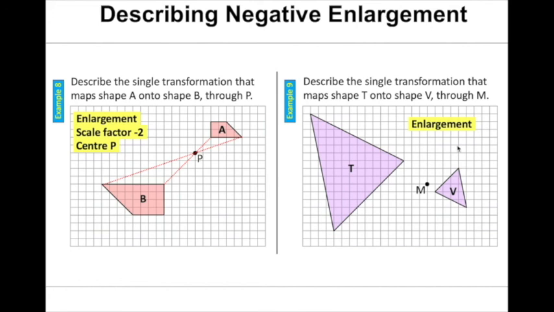So the scale factor is 1/3. But of course, if you look at the image, it is the reverse of the object, so therefore it is a negative scale factor, right, of center M. So that's how you describe negative enlargement.